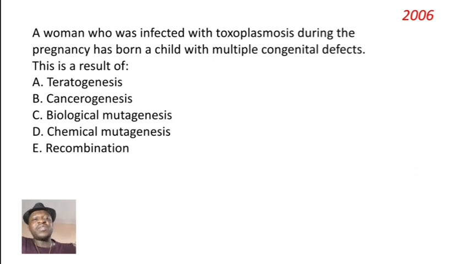I hope you're able to remember everything. So this is teratogenesis, right? The parasite Toxoplasma gondii has a teratogenic effect, and I said it can lead to intrauterine death. So the answer is teratogenesis.